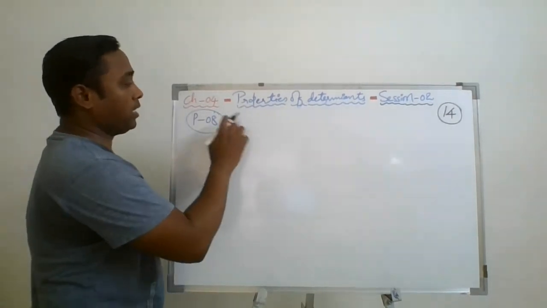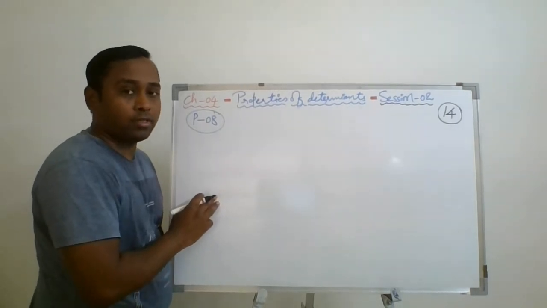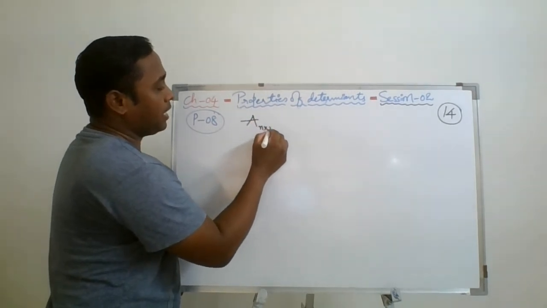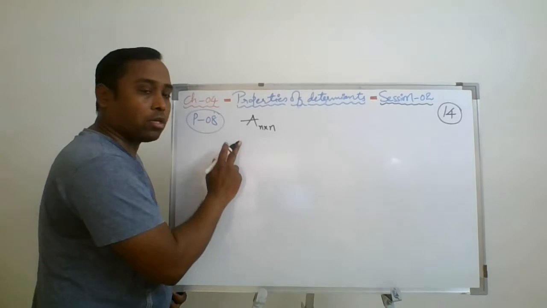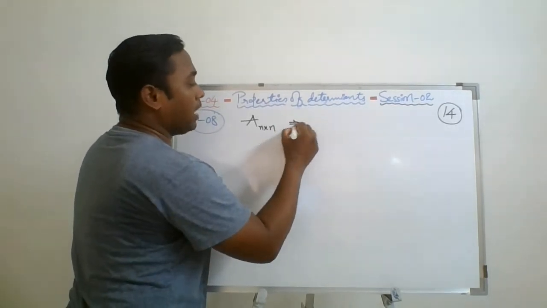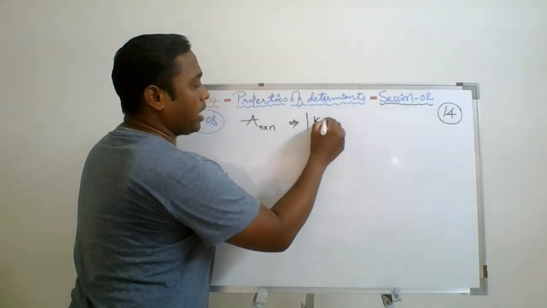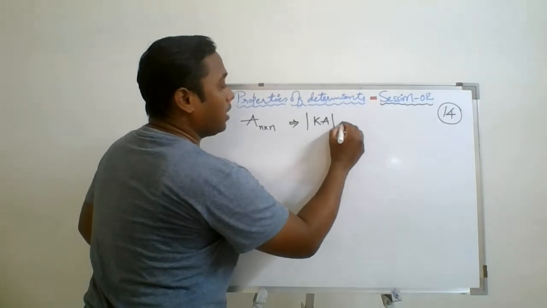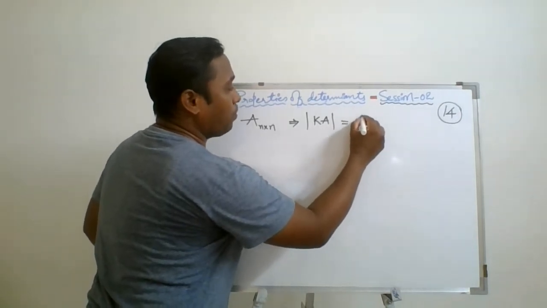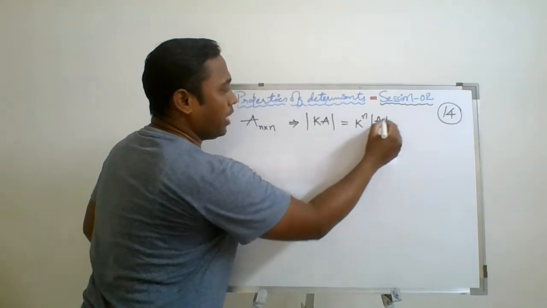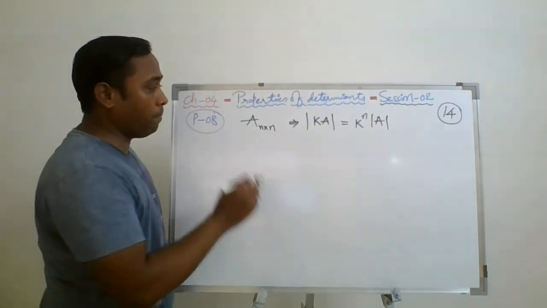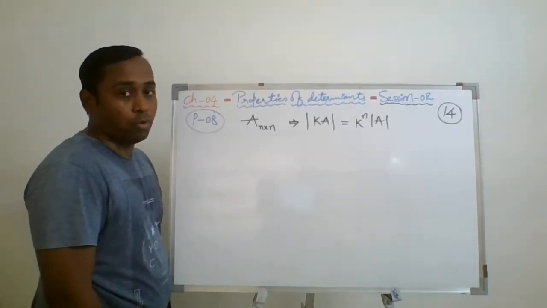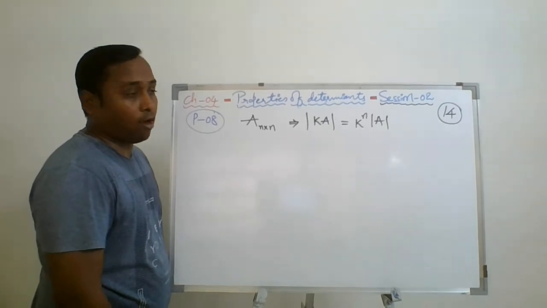If a square matrix is multiplied by a constant, let us say the matrix A of order n by n, then the determinant of k times A, where k is any non-zero real number, is simply written as k to the power of n into det A. It's a very important property. Based on this, many times questions are asked in the boards. So please keep this as a formula in your mind.